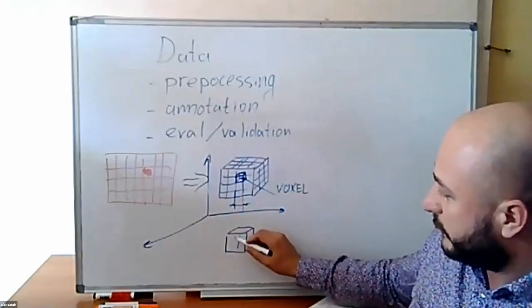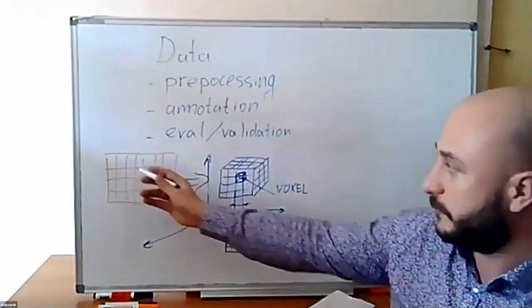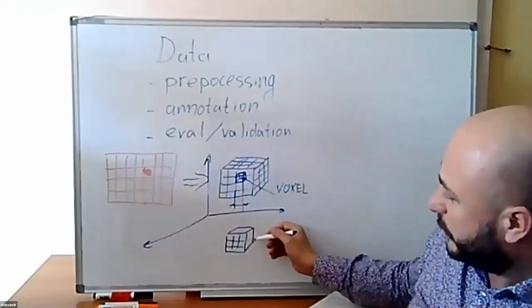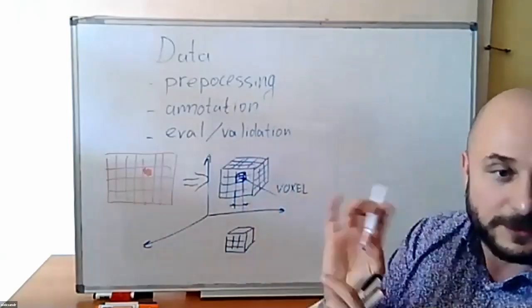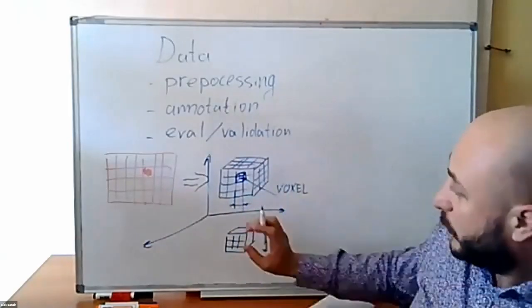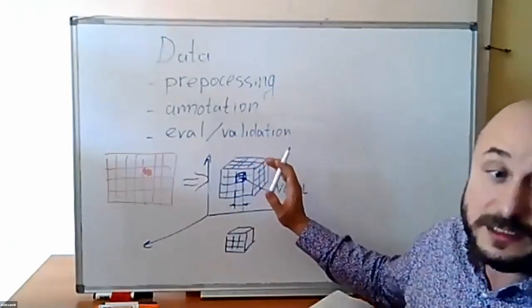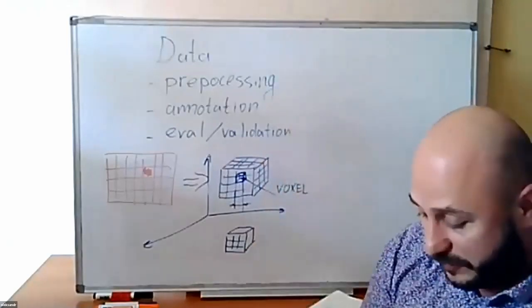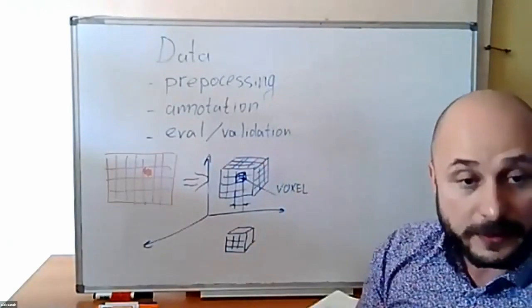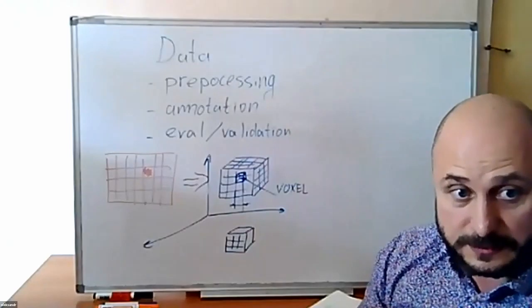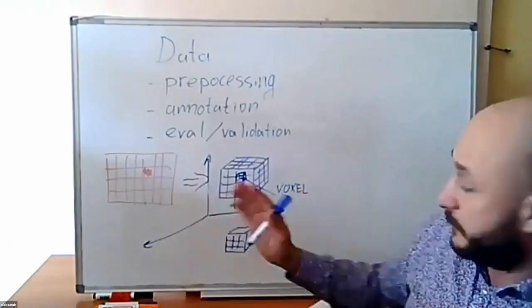We used to have 3x3 convolutions here. Here we have some cubes, convolutional cubes. We can still apply this thing to 3D or even higher dimensionality spaces.